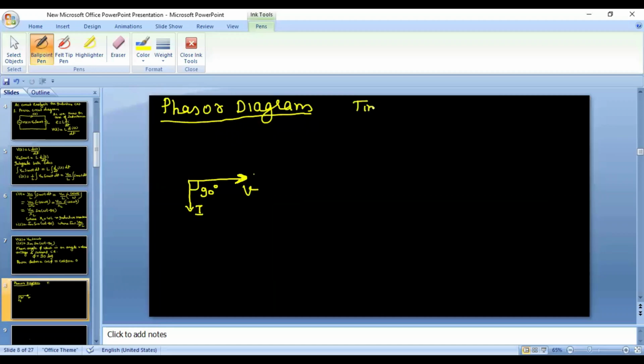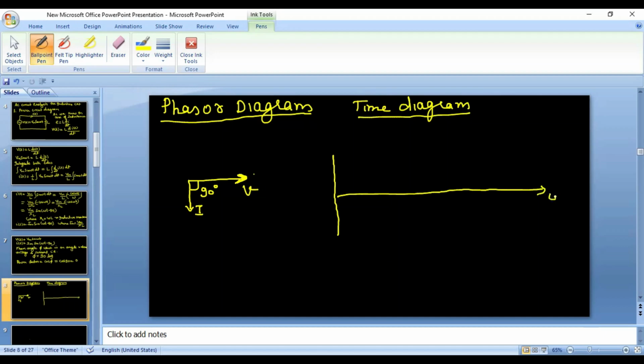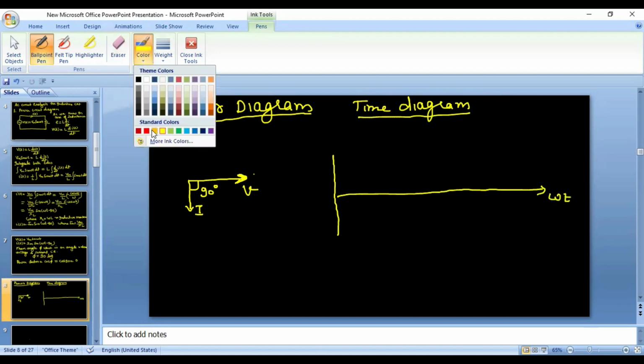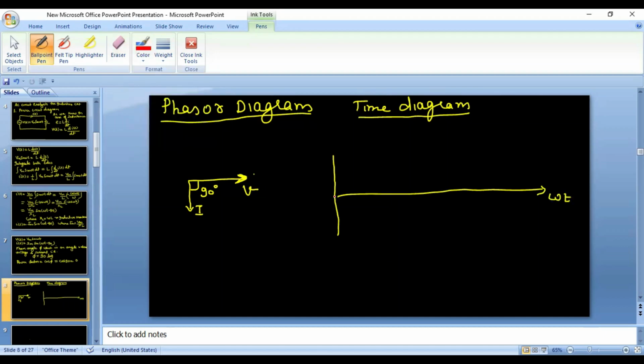Now coming to the time diagram, if I just want to plot the time diagram, what do you understand by a time diagram? Time diagram is nothing but the variation of electrical quantities with respect to time. If I'm going to represent the voltage variation by red color, the red waveform shows the supply voltage variation.